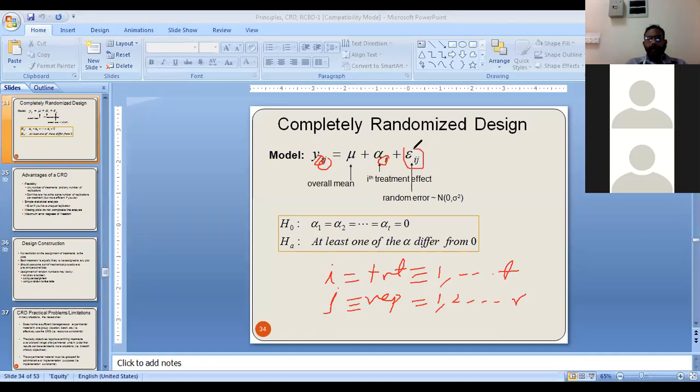This is the error term. The error term is specific to one particular unit of treatment and replicate.